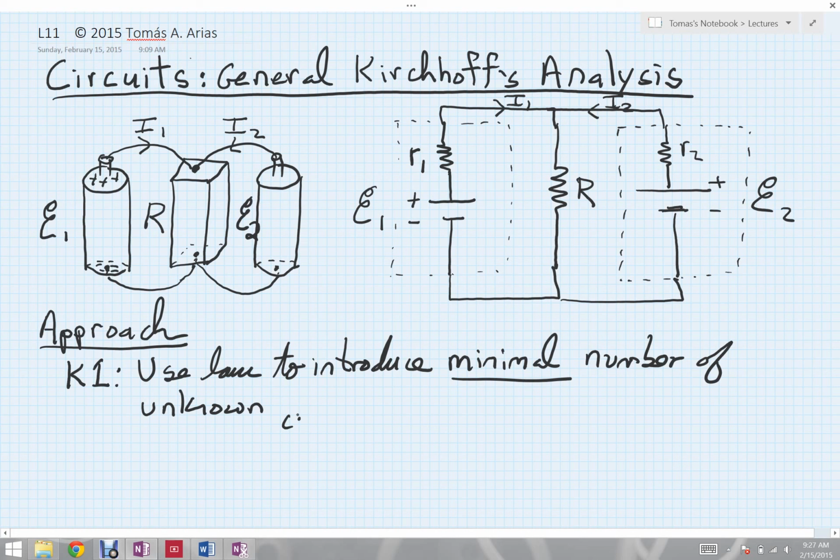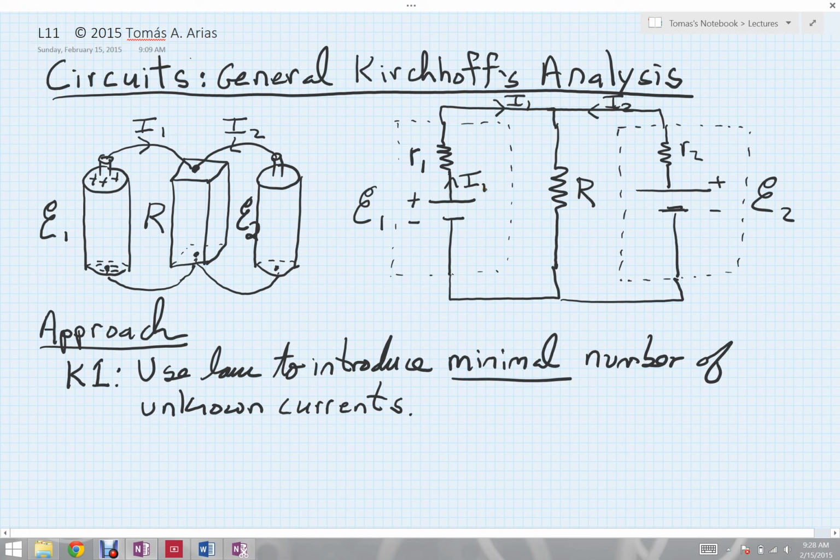Let me try to illustrate exactly what I mean by this. In this particular problem, I'm asked to solve for the current I1 coming out of this battery. So if I look at my circuit, by using Kirchhoff's first law, I know that if the current flowing out the top of this resistor R1 is I1, I must similarly have that same amount of current I1 flowing up into the resistor from down below.